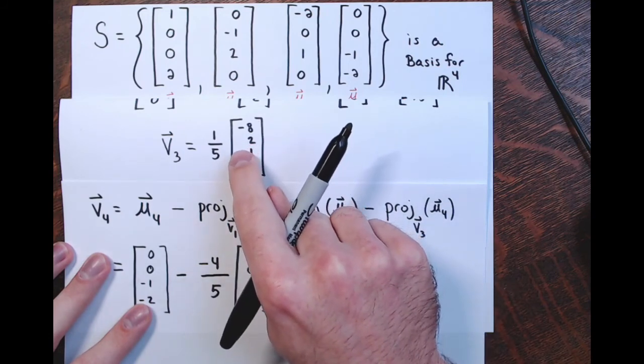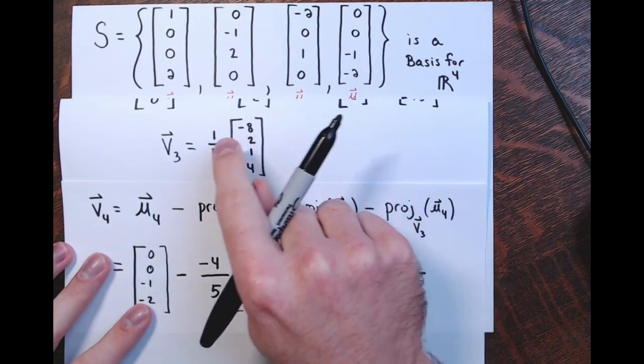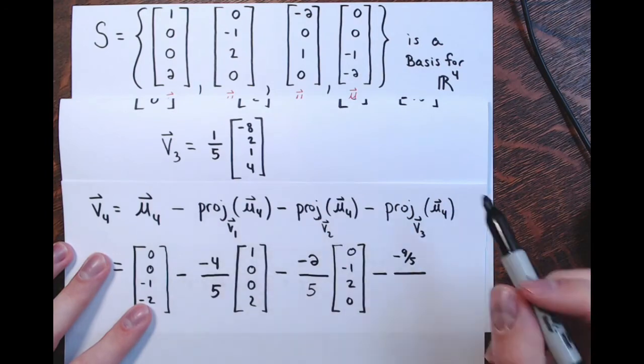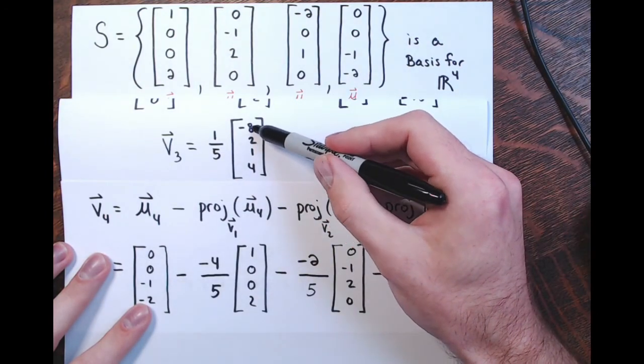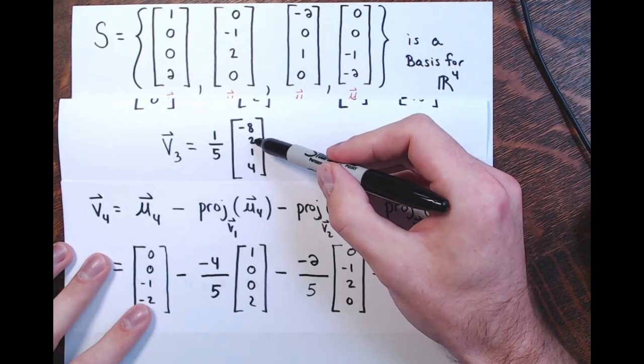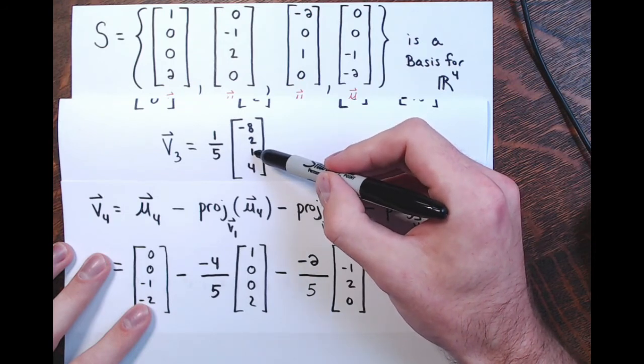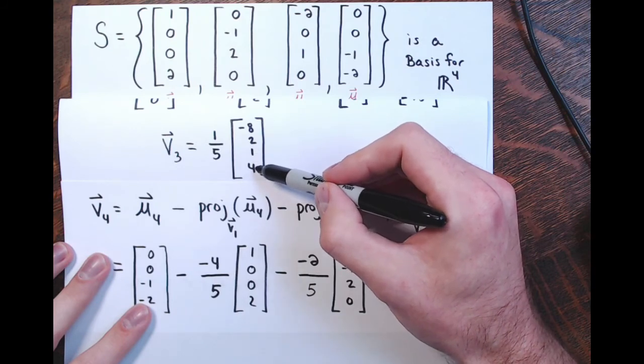So the dot product of this with itself, I'd have 1/5 twice, so 1/25. You have 64 plus 4 is 68, plus 1 is 69, and plus 16 would be 85.